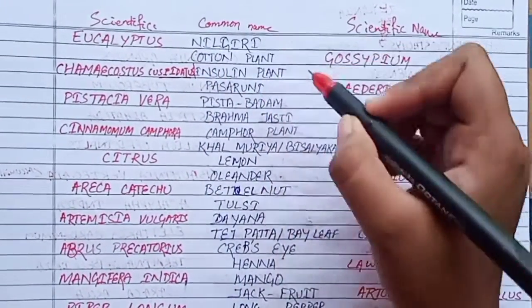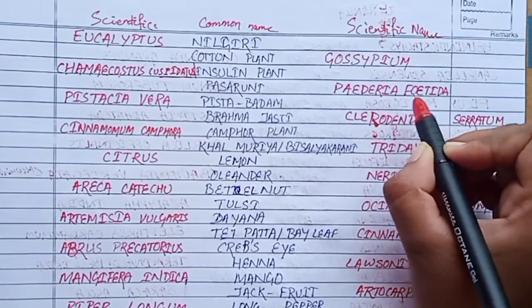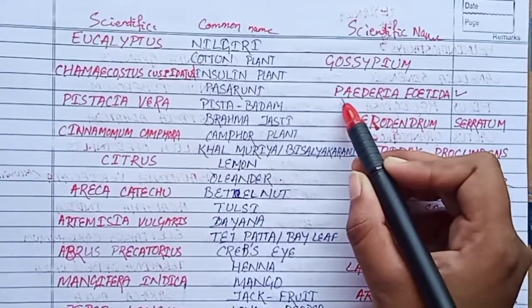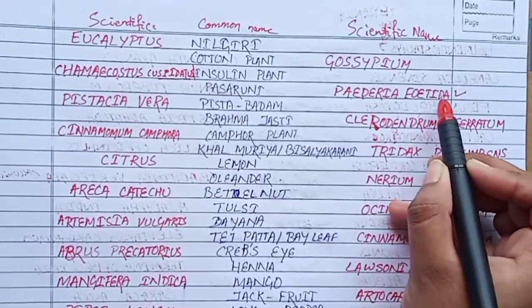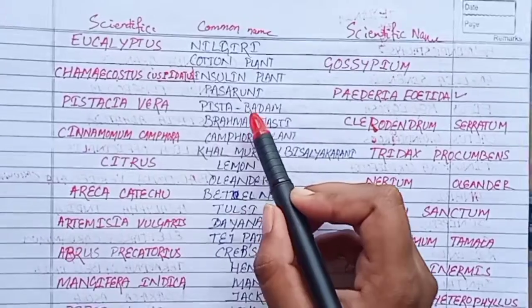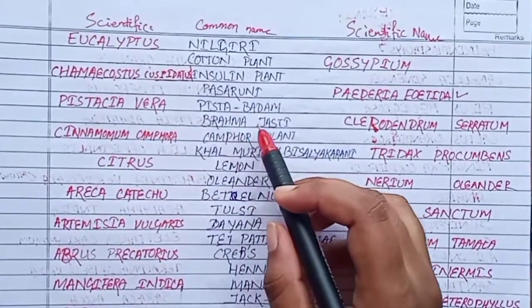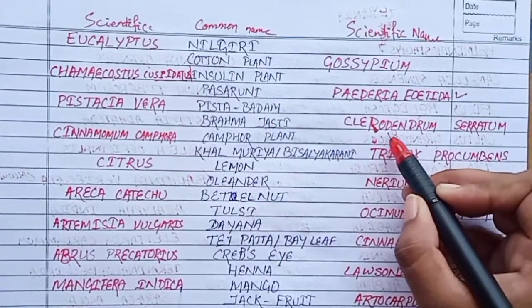Then Prasarani, whose scientific name is Paederia foetida. Then pistachio, that is Pistacia vera. Brahmajasti common name, whose scientific name is Clerodendrum serratum.